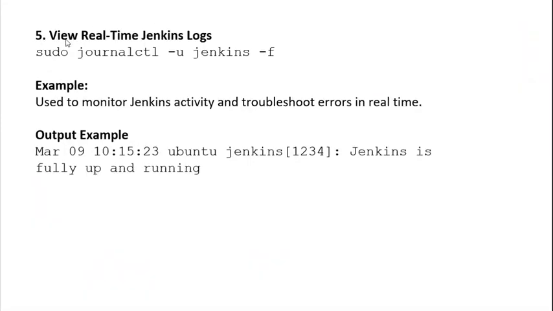The fifth command is to view real-time Jenkins logs: sudo journalctl -u jenkins -f. For example, it is used to monitor Jenkins activity and troubleshoot errors in real time.